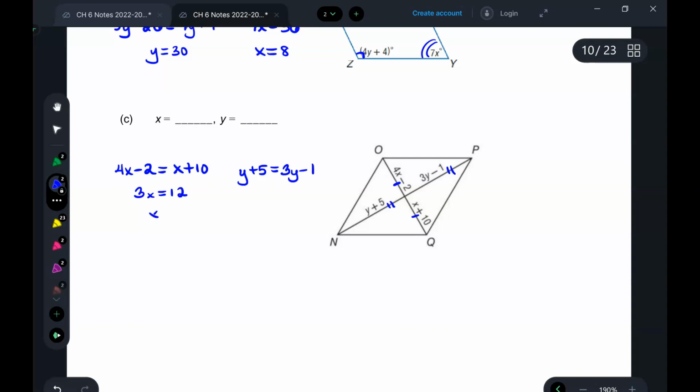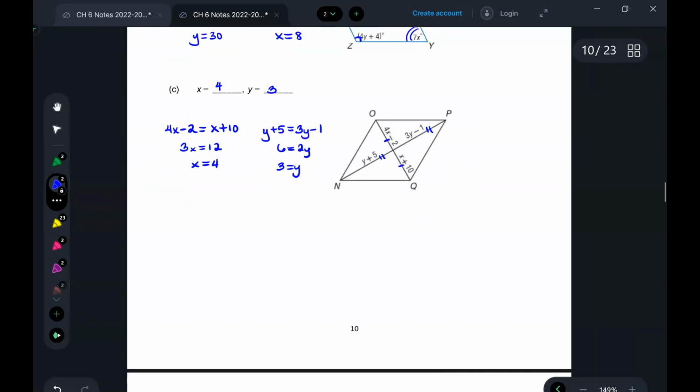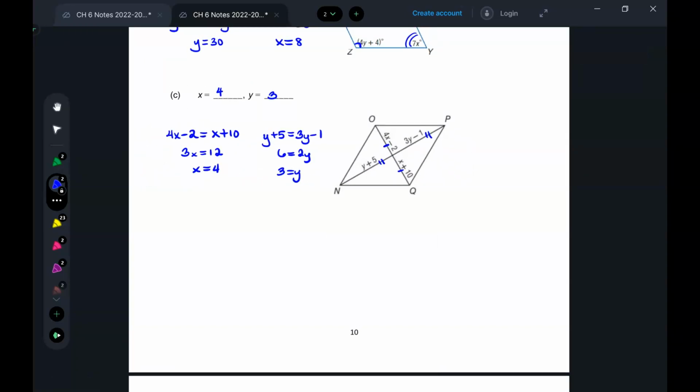We agree? Yeah. X is 4. And y is 3. I mean, y is 3.